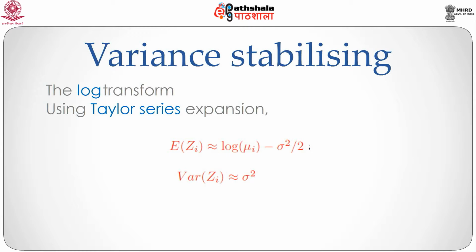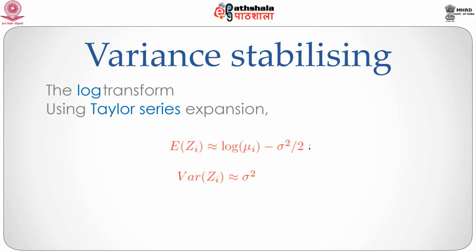To see this, let us assume a second order Taylor expansion of zi equal to log yi. This is given by log of yi equal to log mu i plus 1 over mu i into yi minus mu i, minus 1 over 2 mu i square into yi minus mu i whole squared, assuming that sigma square is small.